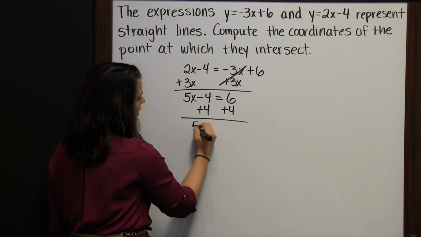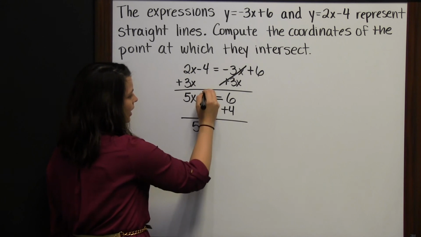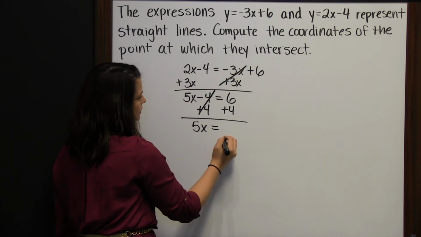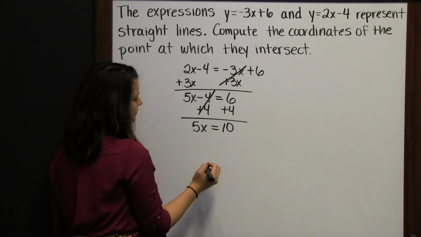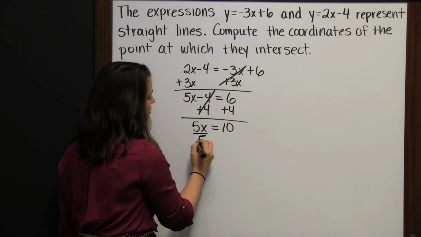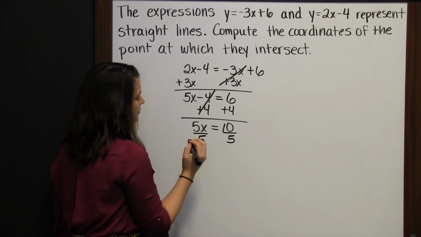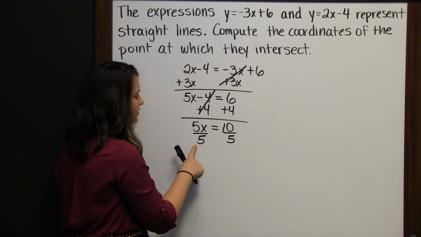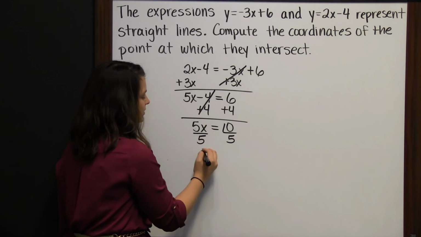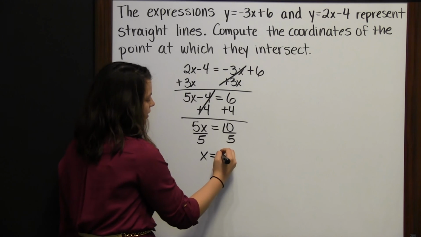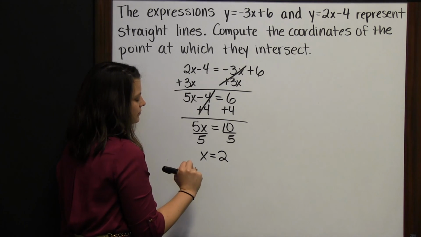Bring down the 5x. Negative 4 plus 4 is 0 equals 10. And finally, we need to divide both sides by 5 to solve for x. 5 divided by 5 is 1, times x is x, and that equals 10 divided by 5, which is 2.